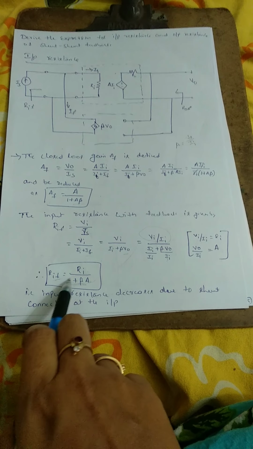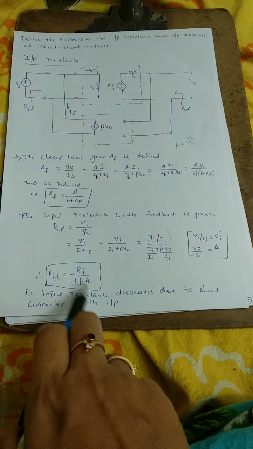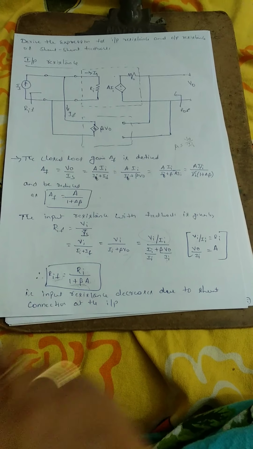If this value increases, Rif will decrease, because if the denominator increases, the left hand side decreases.